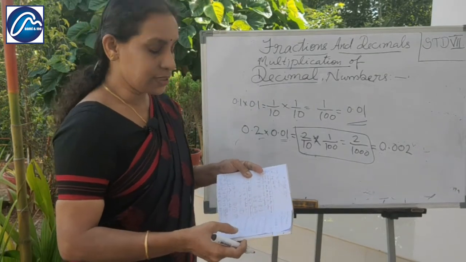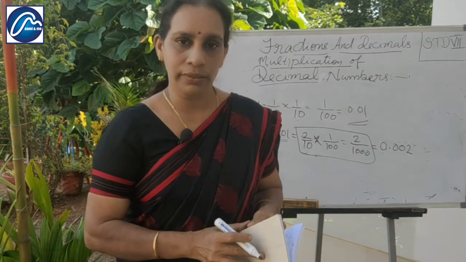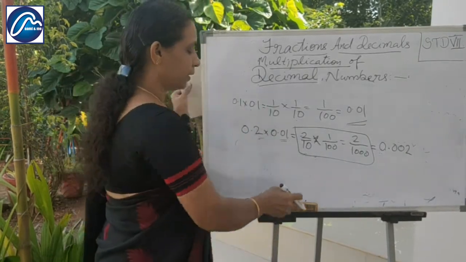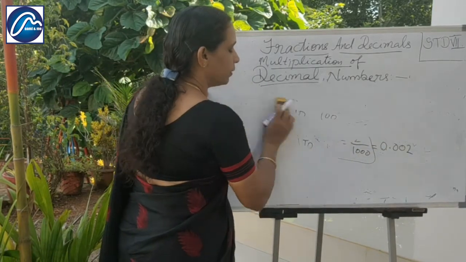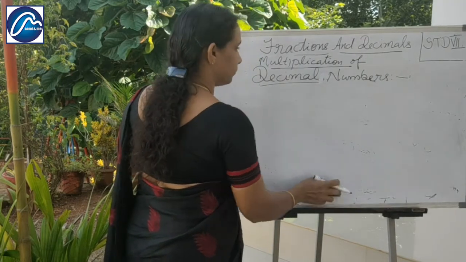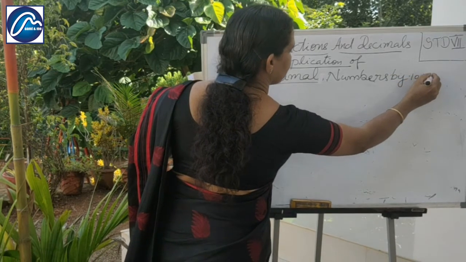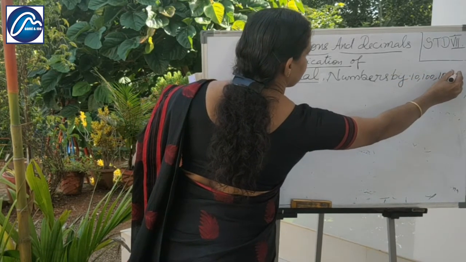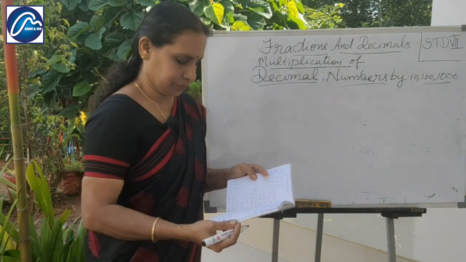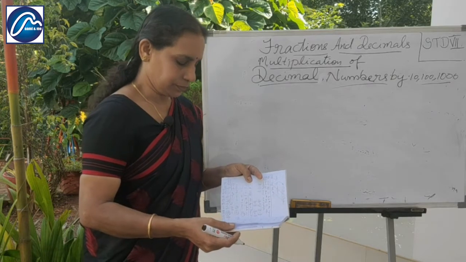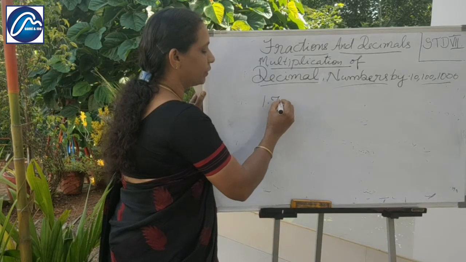Okay. Next one is multiplication of a decimal number by 10, 100 and 1000. How to multiply a decimal number by 10, 100 and 1000? Example: 1.76 into 10.